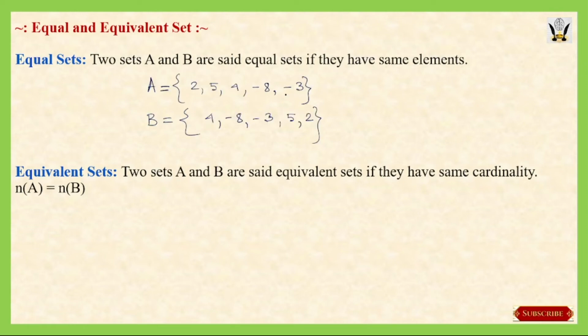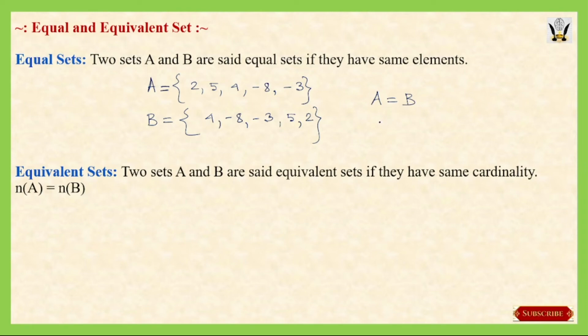In set A we have 5 elements, and in set B also we have 5 elements, and all the elements of A and B are the same, though their order is different. We have already learned that the order of the elements in a set is not important. So since A and B have the same number and same elements, A and B will be equal sets.